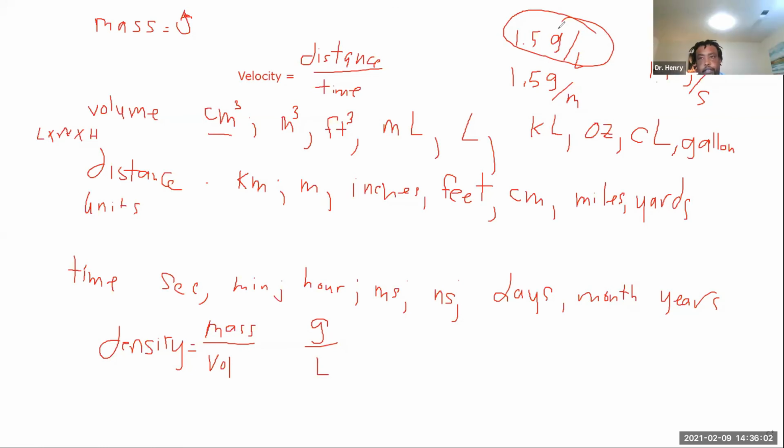Volume is either liters, cubic centimeters, cubic feet, ounces, gallons, centiliters. If I have grams per meter, that's mass over distance. If I have grams over seconds, that's mass over time. So I know that these are both wrong instantly, right? Makes sense? Okay.